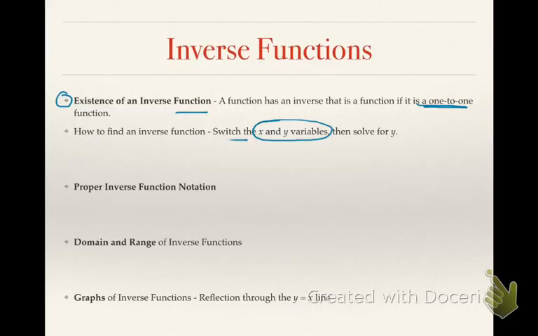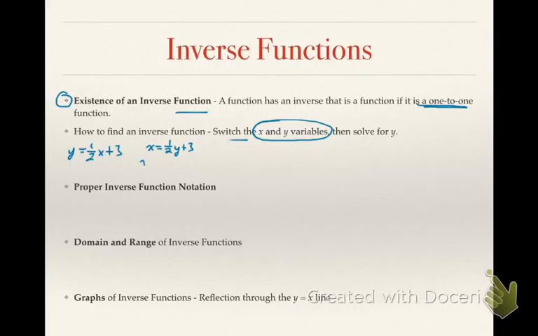Now, to find an inverse function in terms of x and y, say I have the line y equals 1/2 x plus 3, and I'm asked to find its inverse. I'm going to switch the x and the y, so I write x equals 1/2 y plus 3, and just solve it for y.